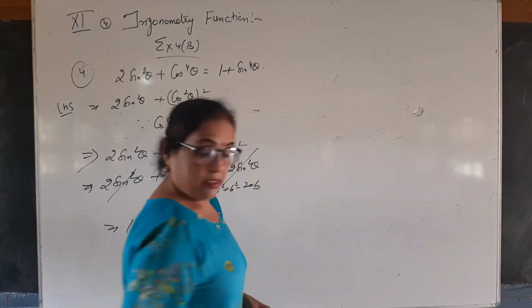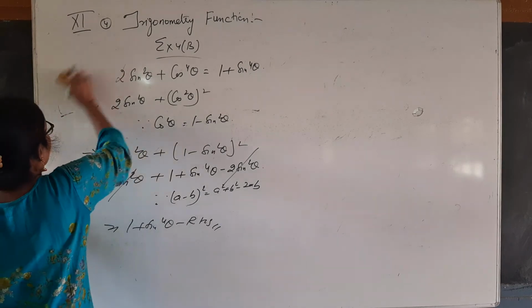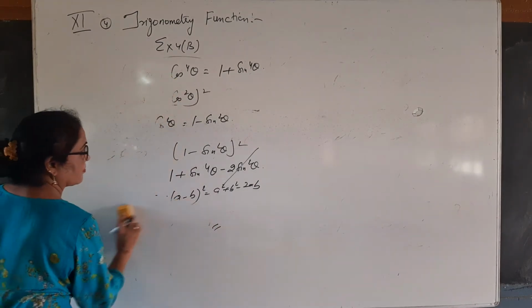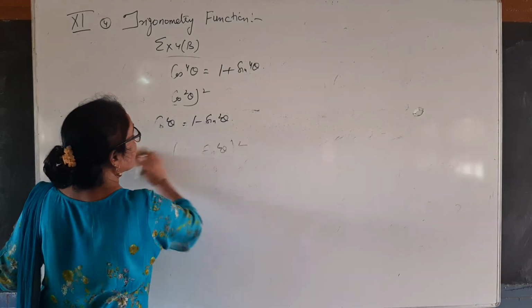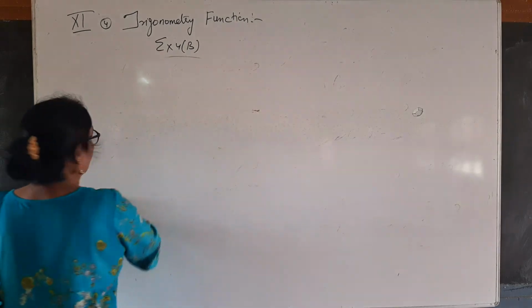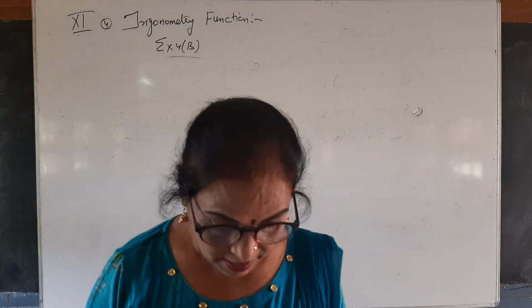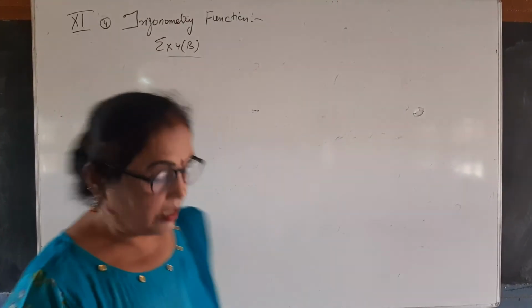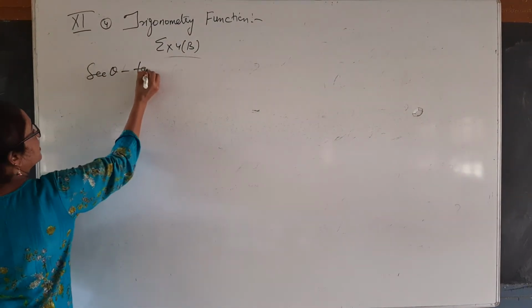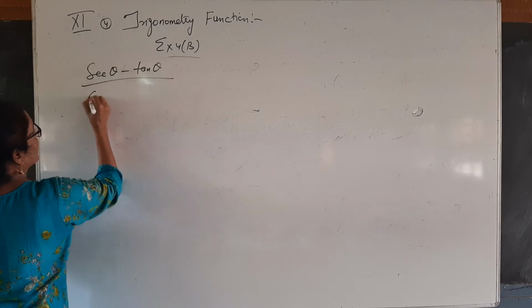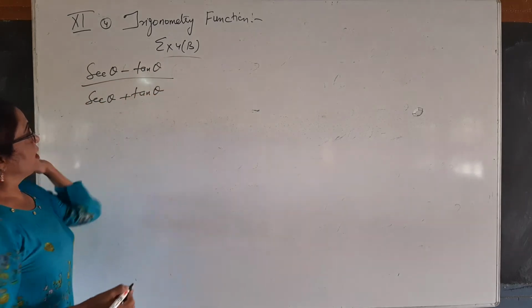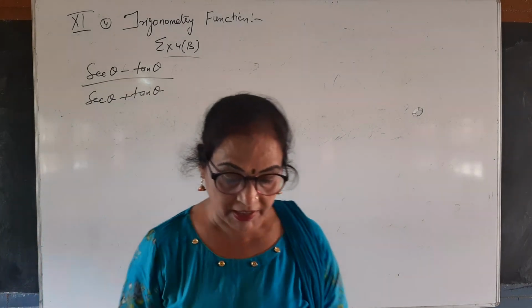It is given here: sec theta minus tan theta upon sec theta plus tan theta.